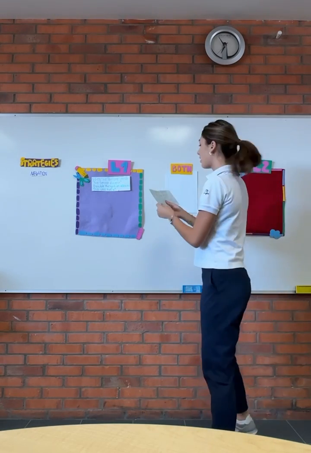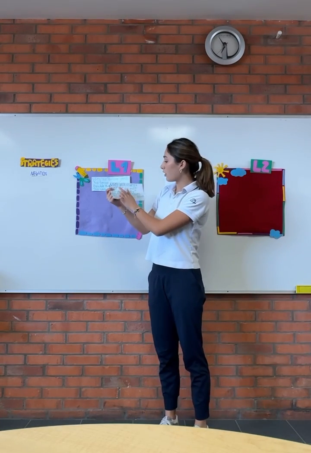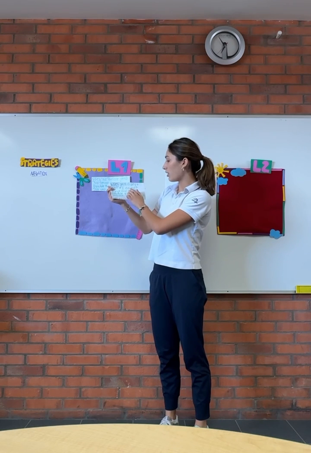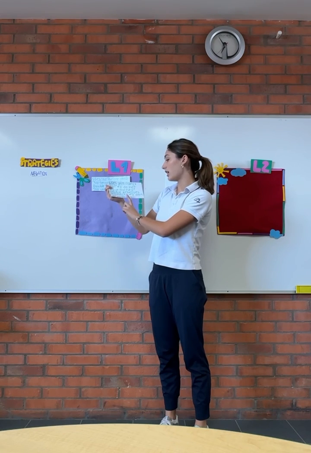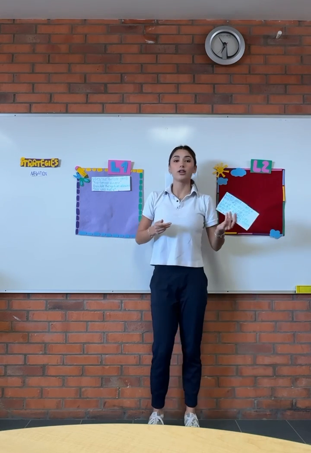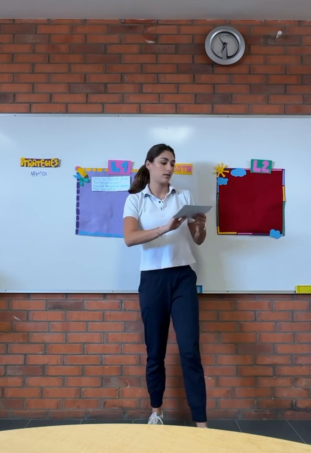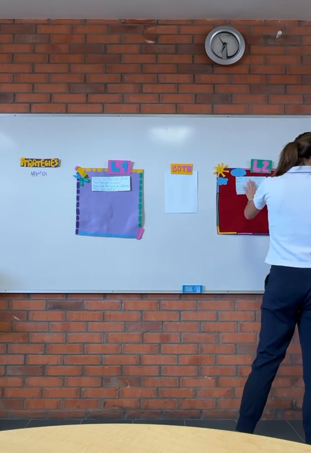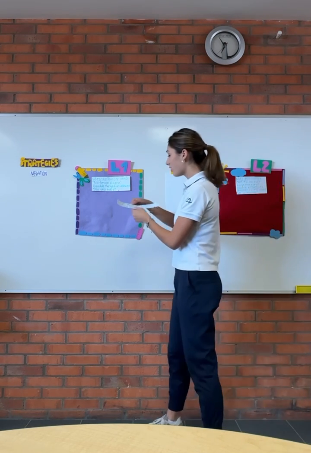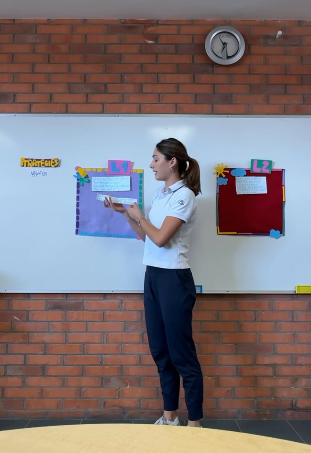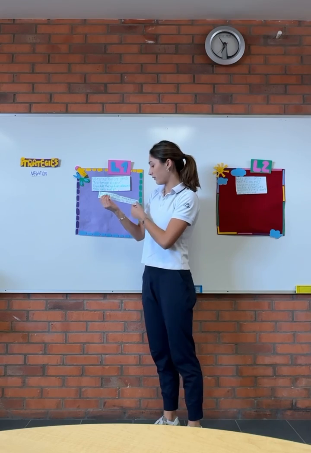Okay, so for L2 it uses an auxiliary. No, I do not have money. Double negatives are incorrect. I don't see nothing. You cannot say double negatives like in Spanish. I don't see nothing is not correct. But in Spanish it's correct. So then for both, they express negation before the verb phrase.